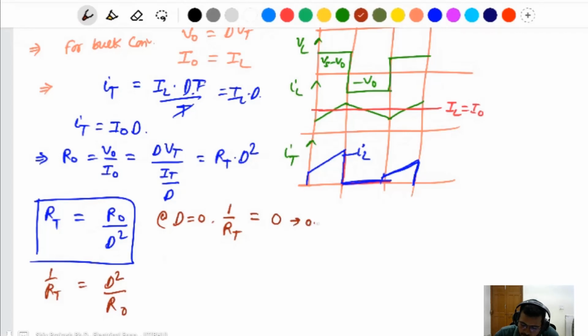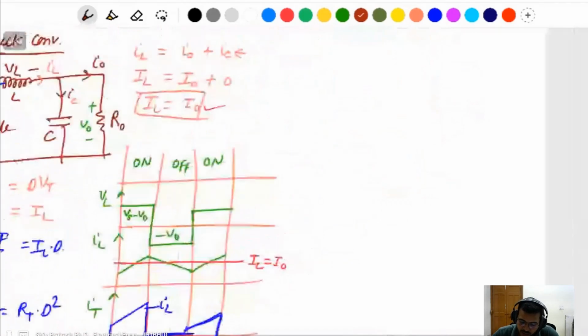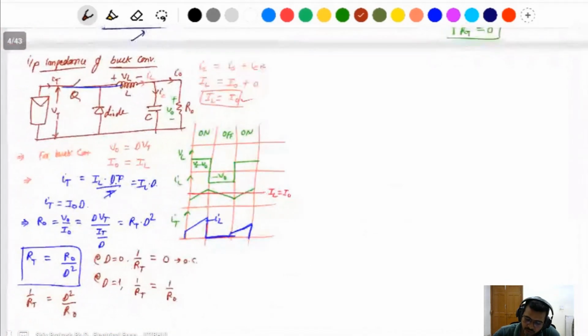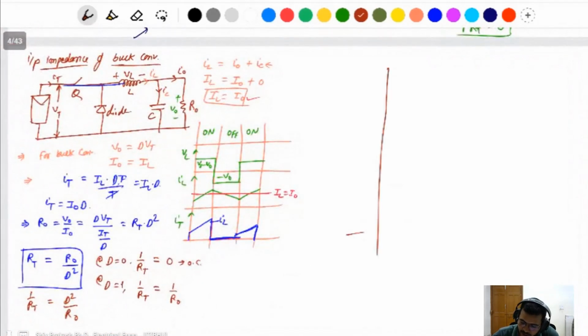It means this is an open circuit. And at d equal to 1, 1 by RT is equal to 1 by R naught. You know about the open circuit, Vt, IT.